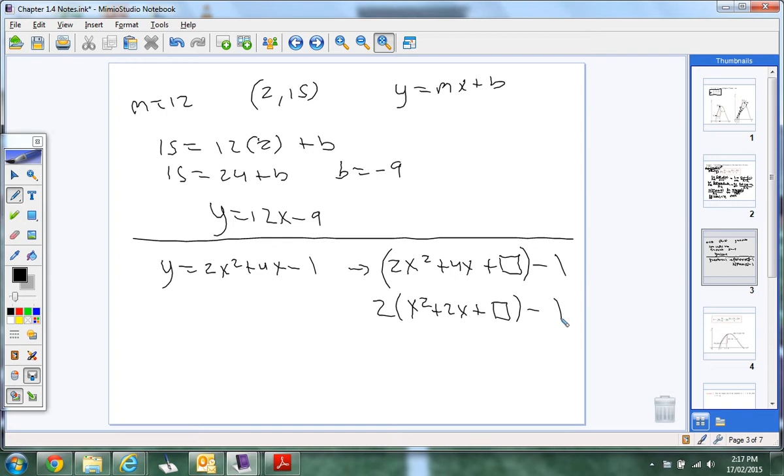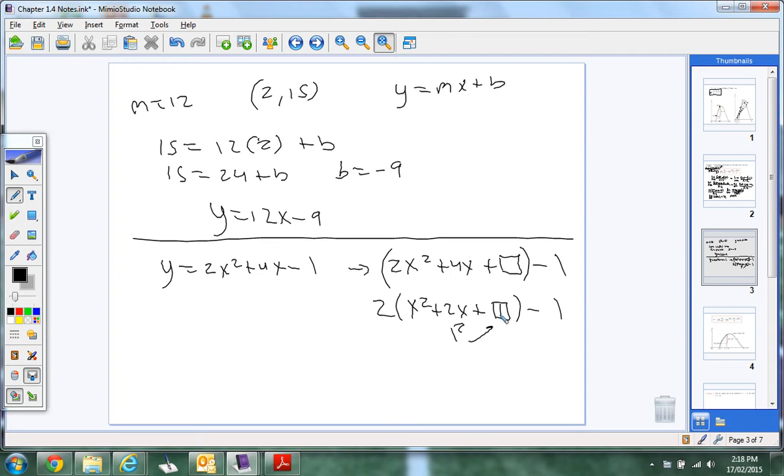Half the middle. 1. 1 squared is 1. Right? Okay. And since I added a 1 here, I have to subtract 1 here, but I have to do something first. What was that step from Math 20 we had to do? This 2 is a problem.